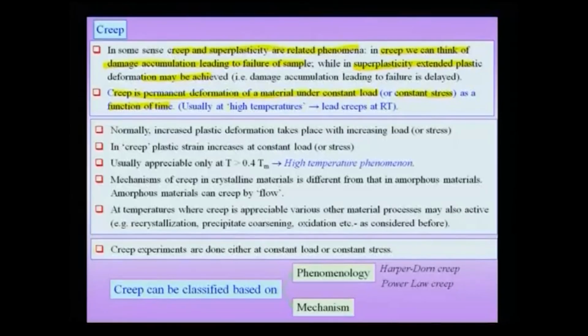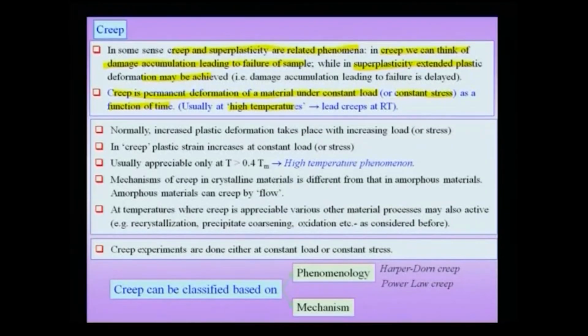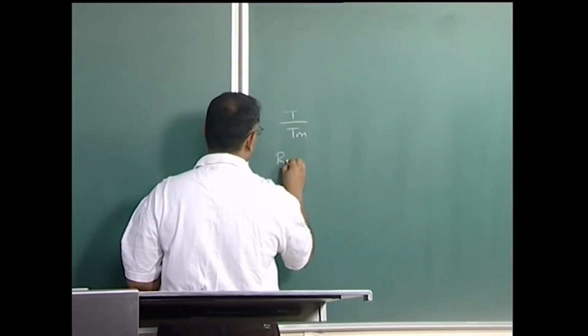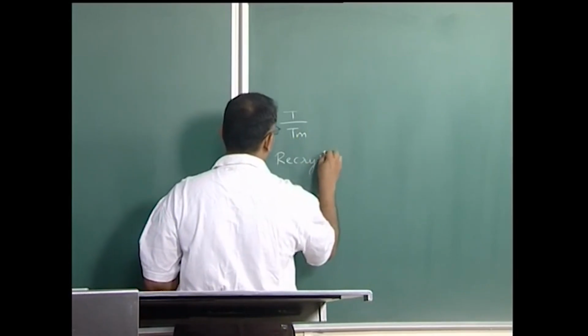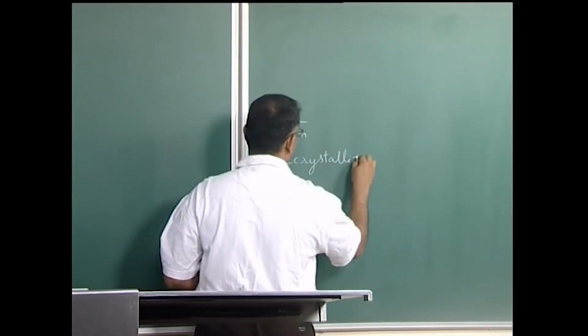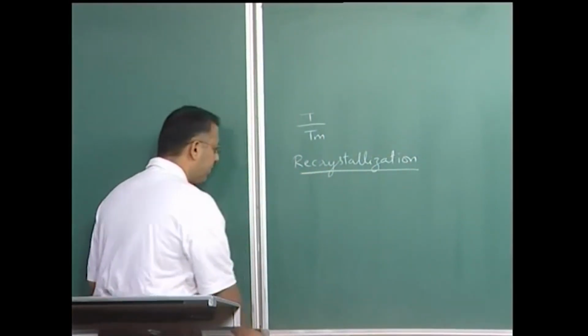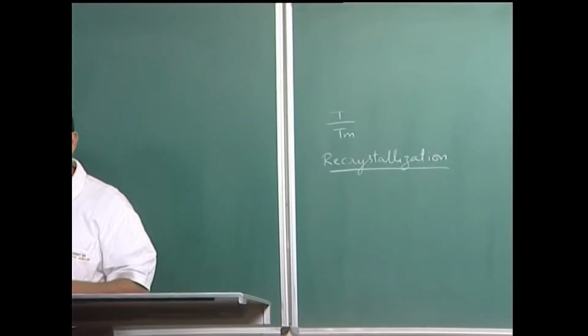As I pointed out, this is a high temperature phenomenon, but we have to remember we are talking about homologous temperature. That means the relevant temperature is T by Tm, and if I am close to the recrystallization temperature or above it, then I would expect phenomena like creep becoming very important.